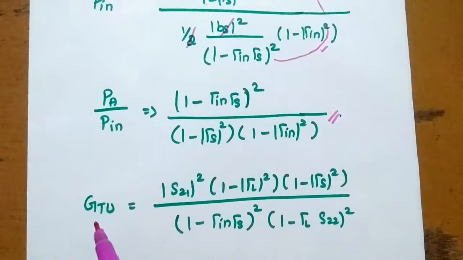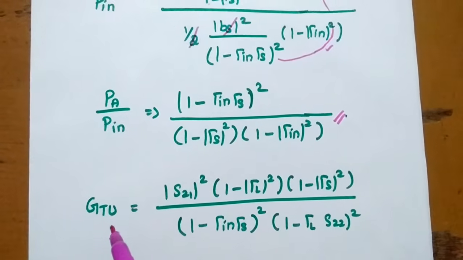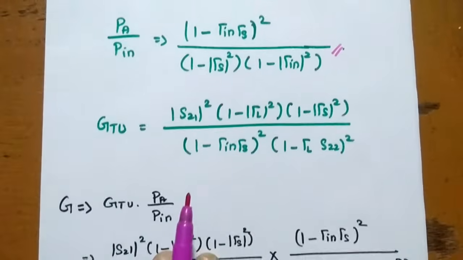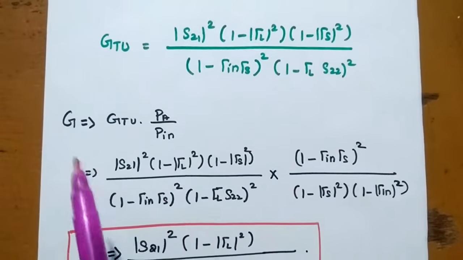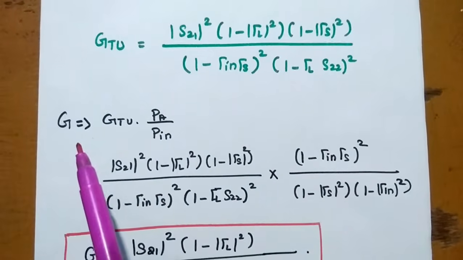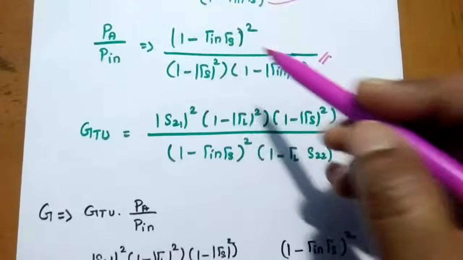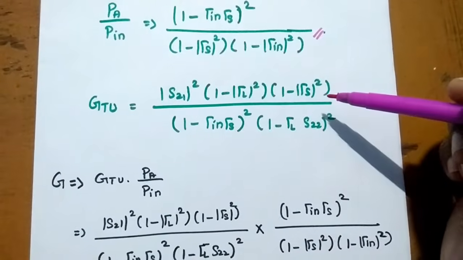What is the value of the unilateral transducer power gain? We have already derived this value, so we can write it as such. Next we substitute this in the operating power gain formula. What is operating power gain? G is equal to GTU times PA by Pin. We have derived PA by Pin like this, and the GTU value is given like this.